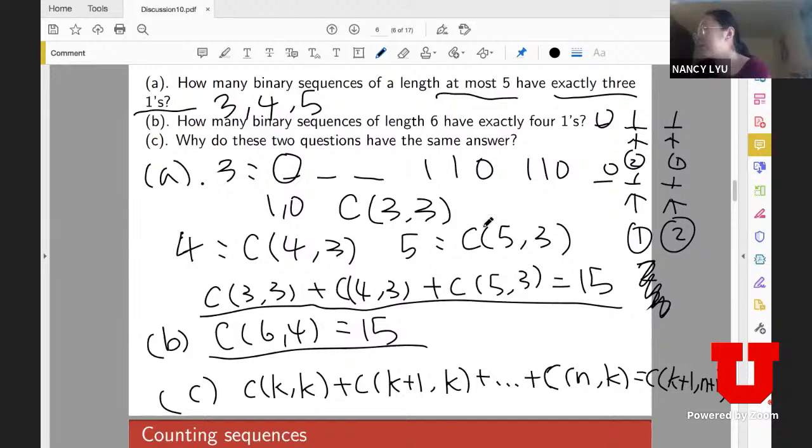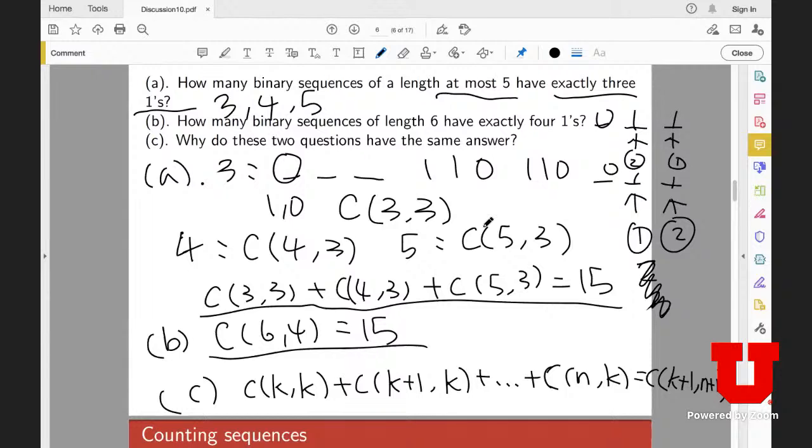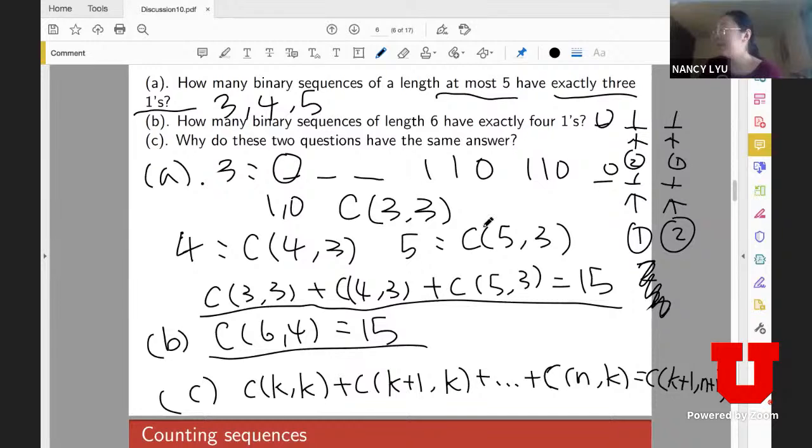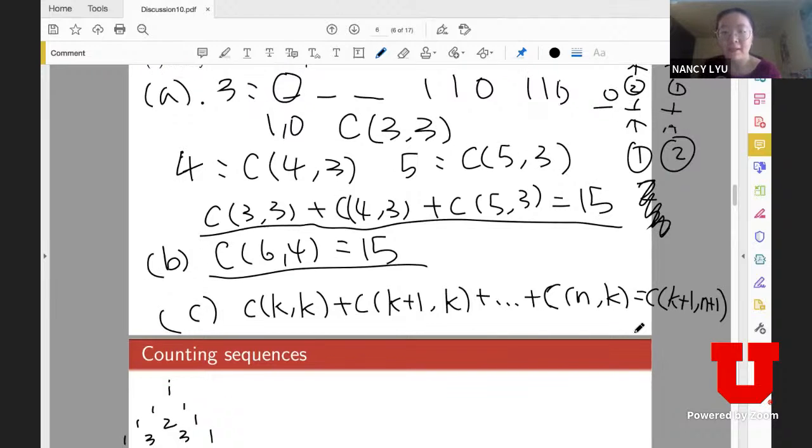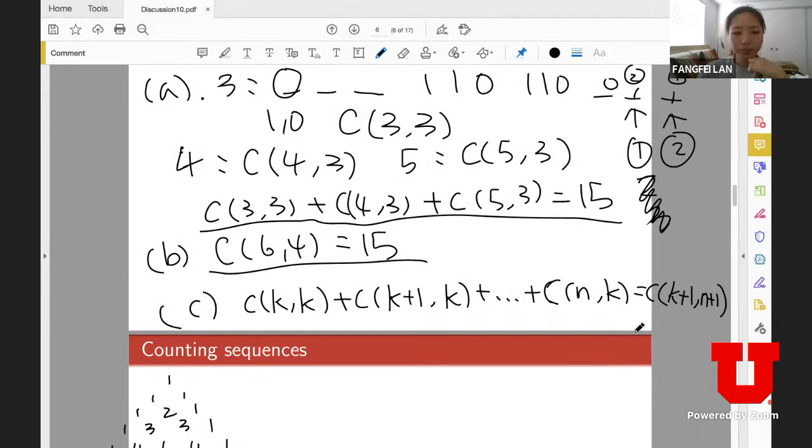I think right here it should be... yeah, you're right. Okay, I'm going to go back here later to make sure this is a correct formula. You can keep going.